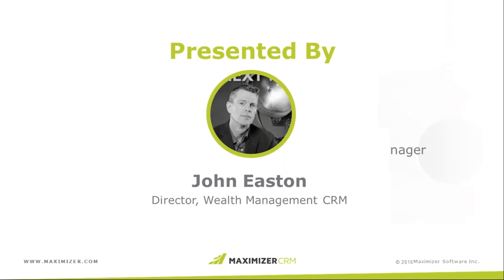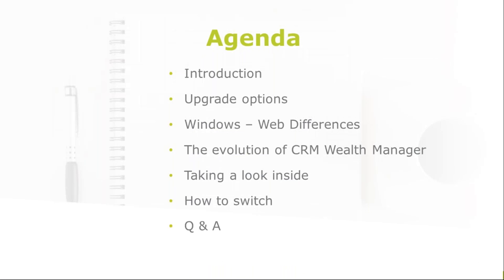So I'm going to talk today about a couple of subjects. Looking at the agenda, I'm going to talk about just in general the upgrade options that are available to each and every one of you. I know from the majority of your profiles, most of you are still using one version or another of our Windows-based product. Some of you are using our web on-premise product, and then just a very couple of you are using our cloud-based Maximizer CRM.